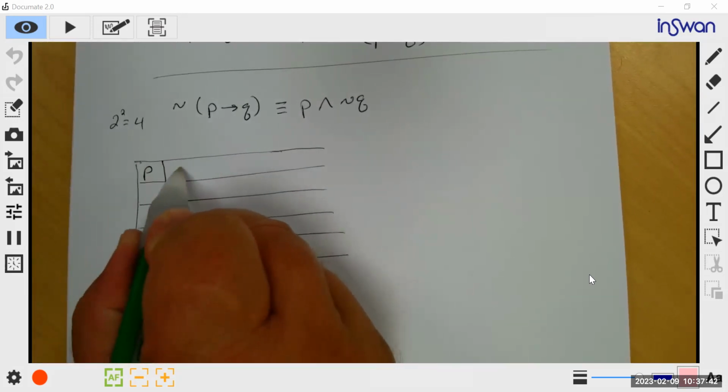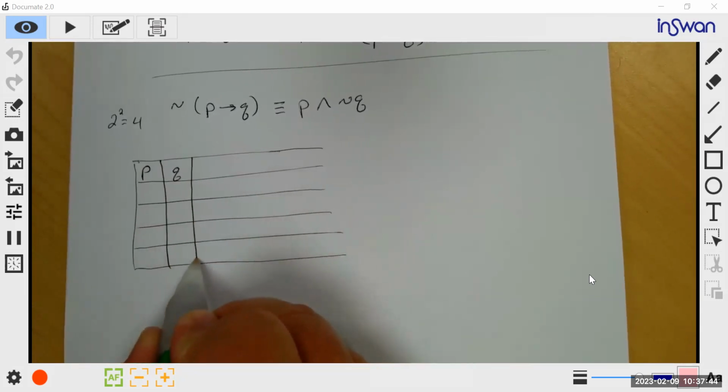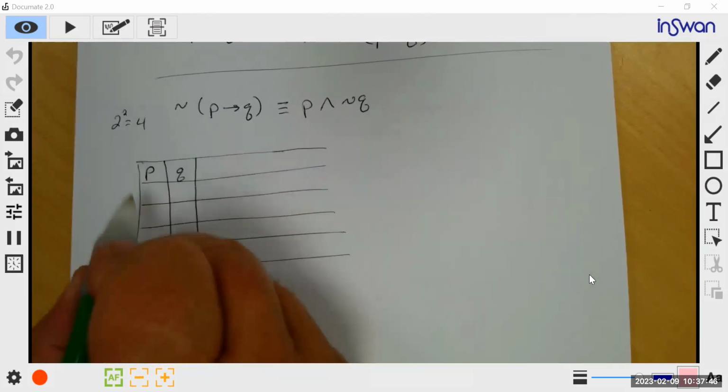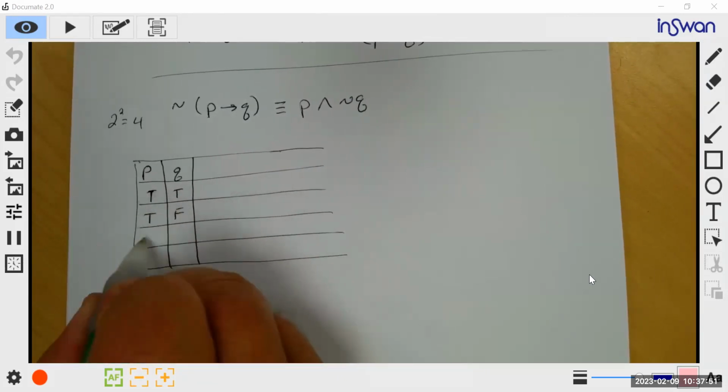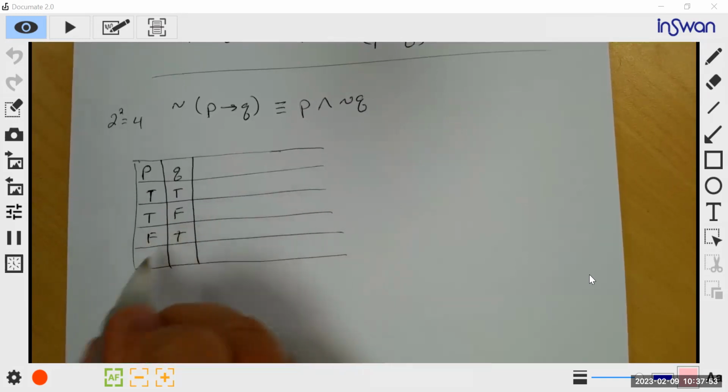So there's P, there's Q. Let's start with that: true, true, true, false, false, true, false, false.